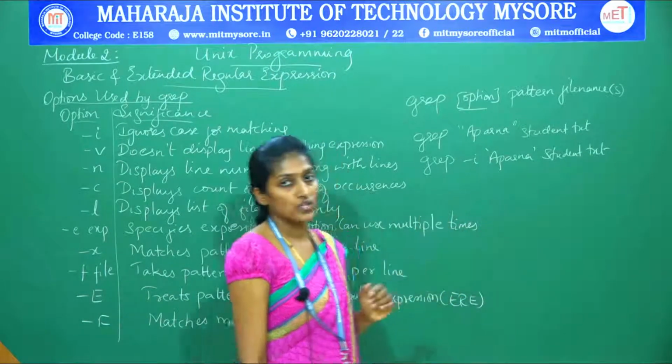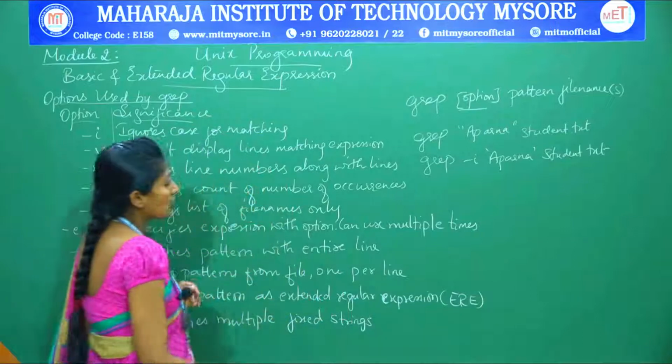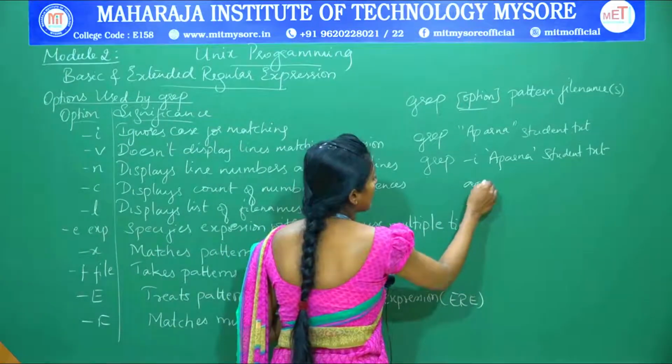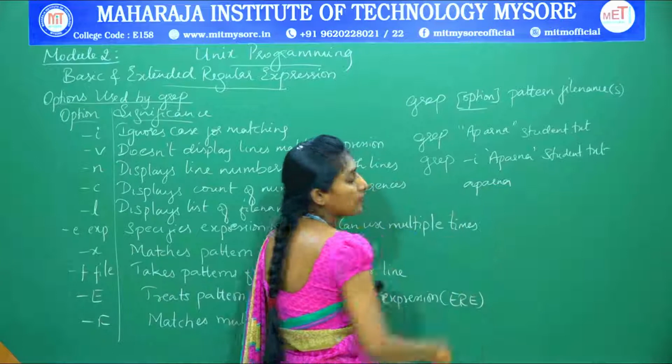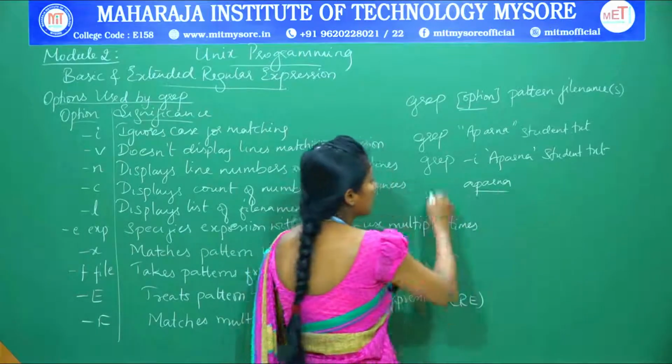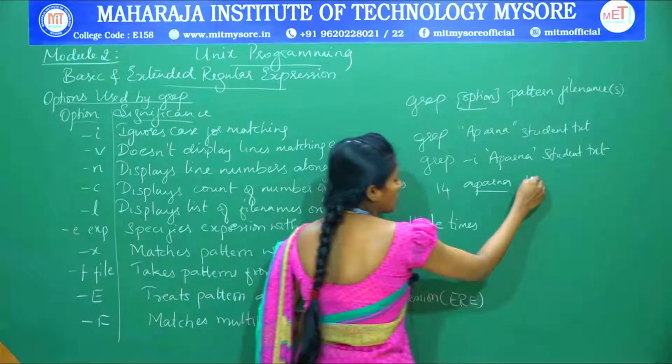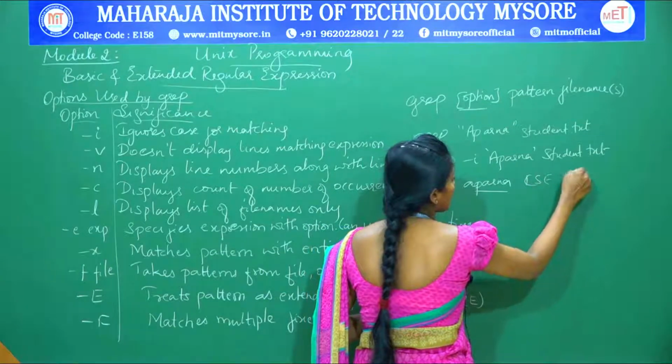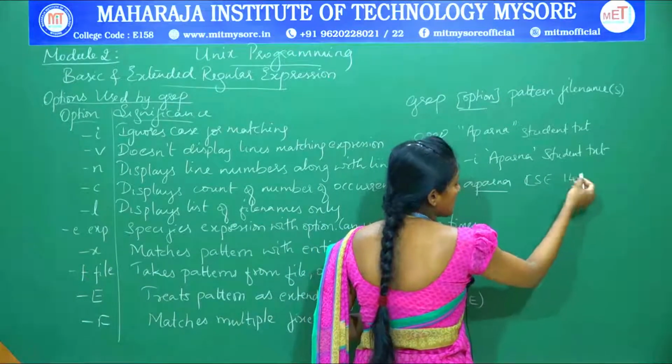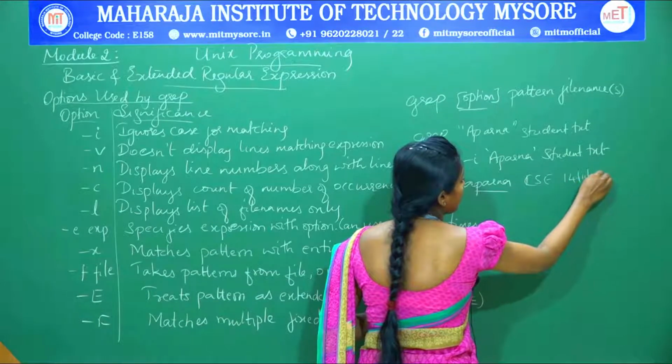That is what the -i option does. So even if the name has been specified in the file with a small letter, Aparna, this student name will also get matched here, CSC branch with joining date, like this.